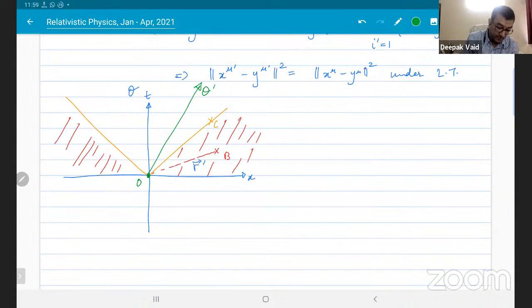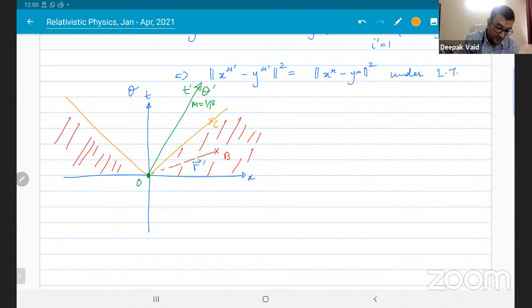This is the time axis of the observer O prime. It's also the trajectory of O prime as seen by O. Right? And what is the slope of this line? The slope of this line is m equal to 1 by beta.